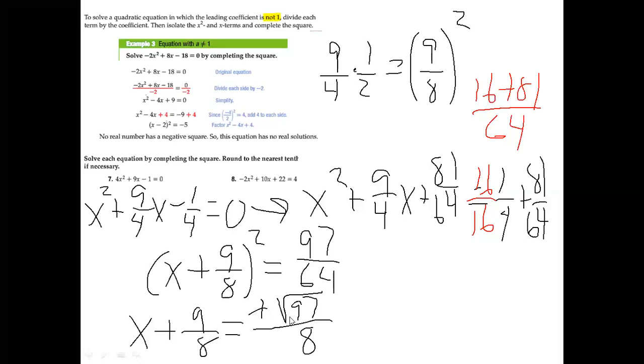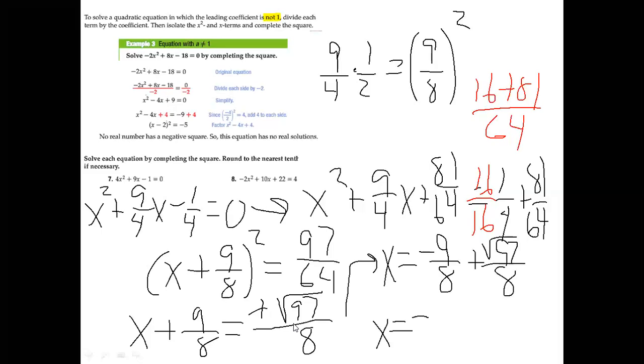The square root of 97, 97 isn't a perfect square, so you just leave it as square root 97. So then you add or subtract 9/8 from both sides, and you get x equals negative 9/8 plus square root 97 over 8, or x equals negative 9/8 minus square root 97 over 8.